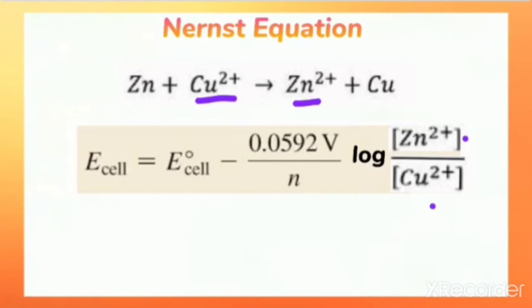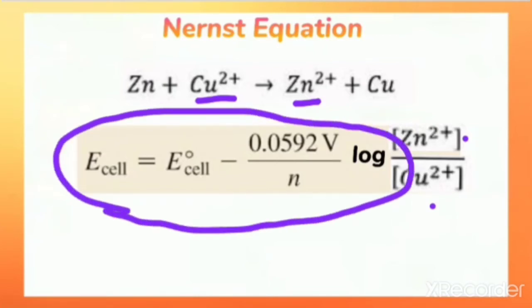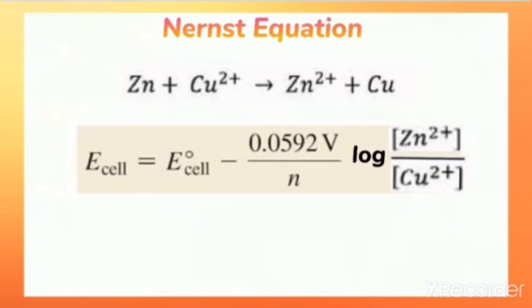So whenever an overall equation is given to you, this much of the part will be the same, but the n value changes depending upon the equation, that is, how many electrons are lost or gained in the balanced equation. That value is n here, and then the concentration of product by concentration of reactant.